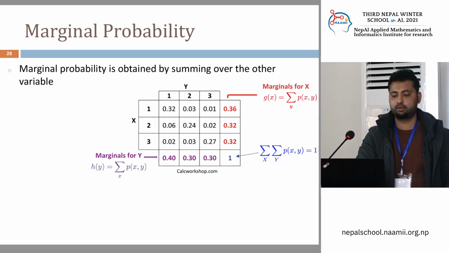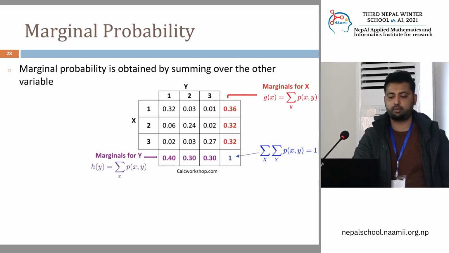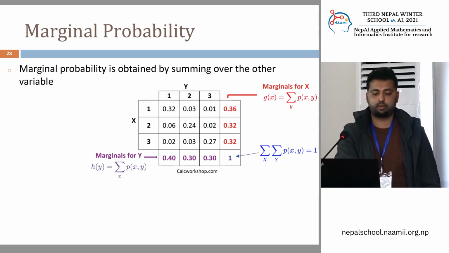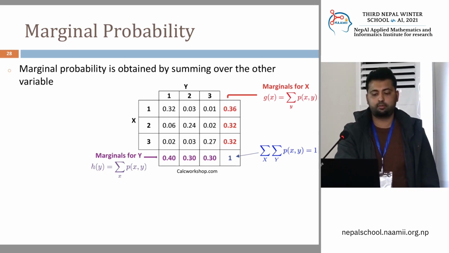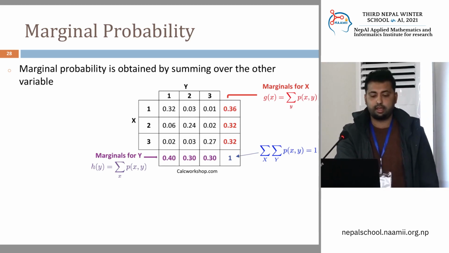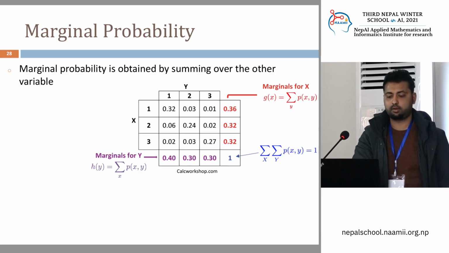So obviously you just need to sum up these rows. Each row you sum up, you get the probability of x equal to 1, probability of x equal to 2 equals 0.32, probability of x equal to 3 equals 0.32, and this is the marginal probability of x. Similarly, there is another person who is for some reason not interested in the die, and he wants to know about the event y equal to 1, 2, 3.